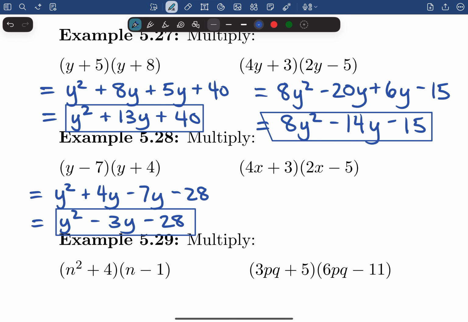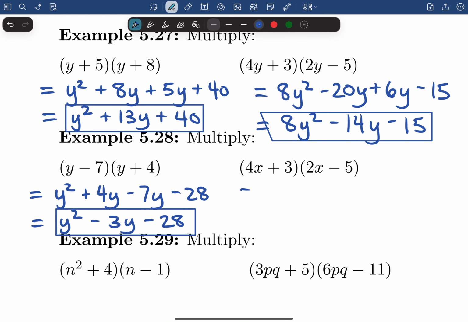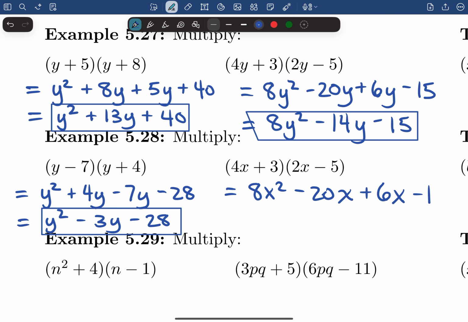Let's try it again. When I see 4x plus 3 times 2x minus 5, I multiply 4x times 2x to get 8x squared. I multiply 4x times negative 5 to get negative 20x. I multiply 3 times 2x to get positive 6x. And I multiply 3 times negative 5 to get negative 15.